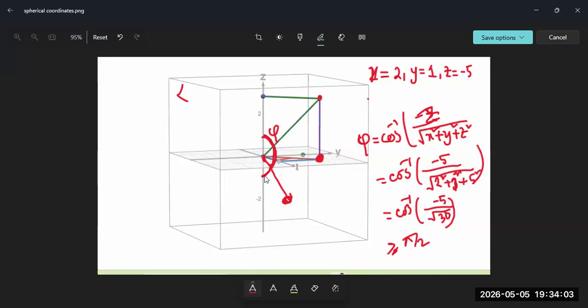So that's why the range of phi in this case is from 0 to pi, because if this angle is 0 degrees, the negative direction is basically 180 degrees, so the maximum value of phi can be pi and the minimum value is 0. So basically this is the range of phi.